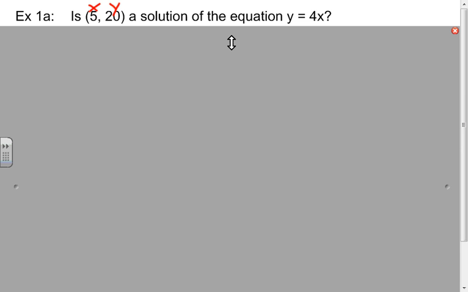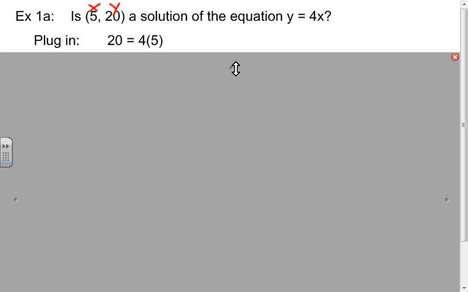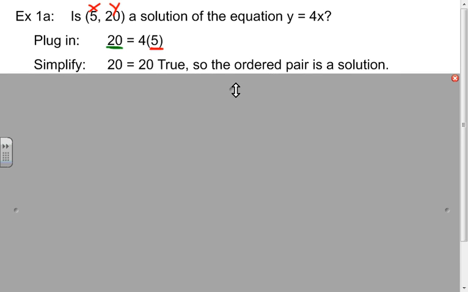So I'm going to take my x number, which is 5, and I'm going to plug it into my equation where the x was. I'm going to take my y number, which is 20, plug it into my equation where the y was. So I just plugged in x and I plugged in y, and then I do the math.